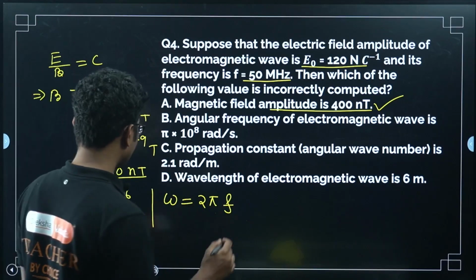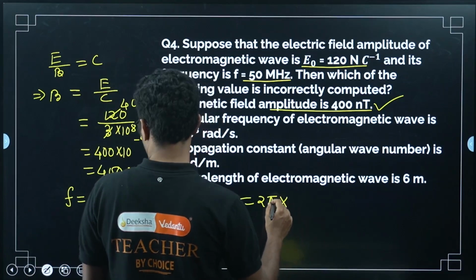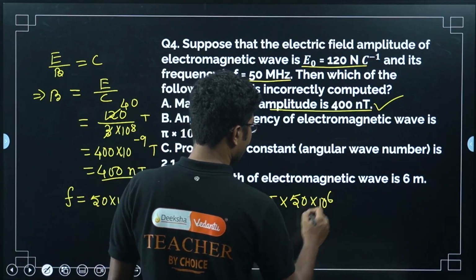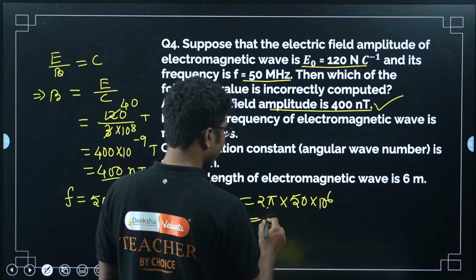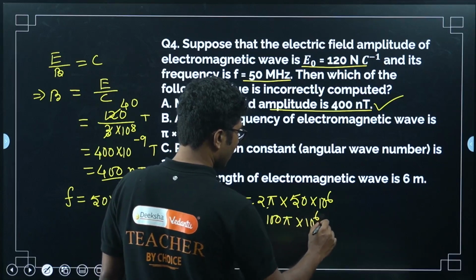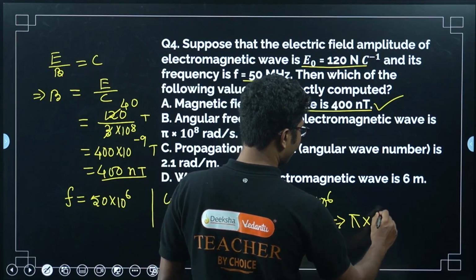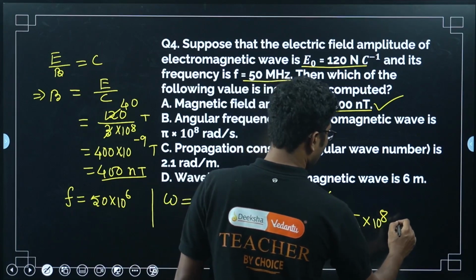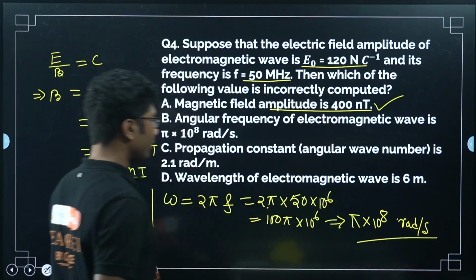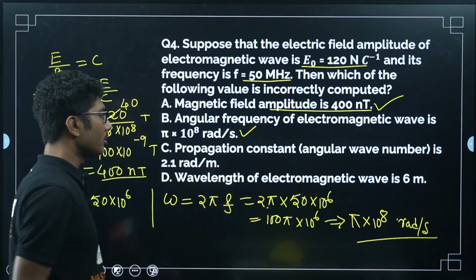So the angular frequency will be 2 pi times 50 times 10 to the power of 6. 50 times 2 is 100 pi times 10 to the power of 6, or we can write this as pi times 10 to the power of 8 radian per second. So we can convert it into angular frequency, and this one is also not wrong.